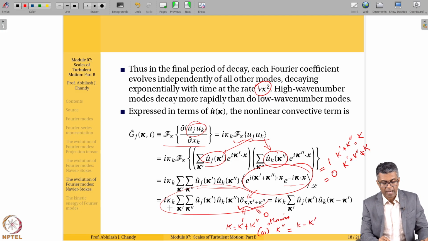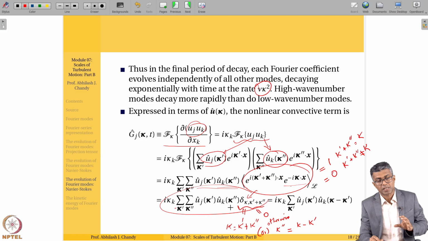So I have this i kappa_k, and then the summations over kappa prime and kappa double prime, with û_j(kappa prime) and û_k(kappa double prime). Since kappa double prime is equal to kappa minus kappa prime, I can write this as summed over all kappa prime, û_j(kappa prime) and û_k(kappa minus kappa prime). So instead of kappa double prime, I am substituting kappa minus kappa prime.